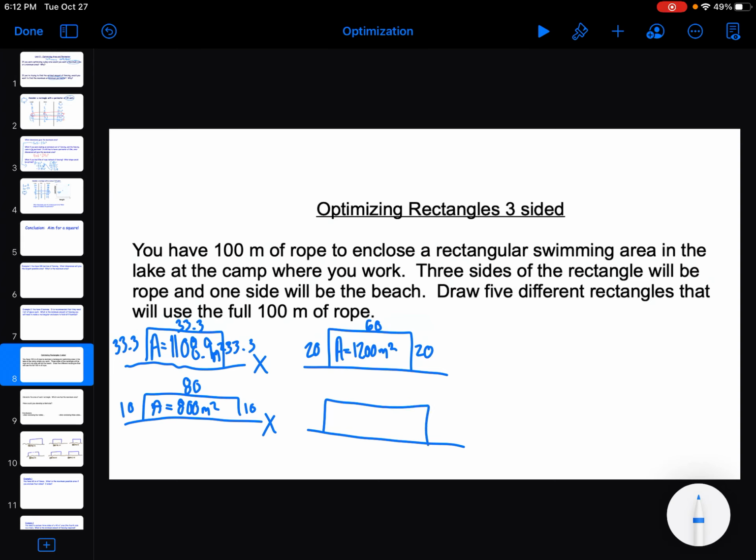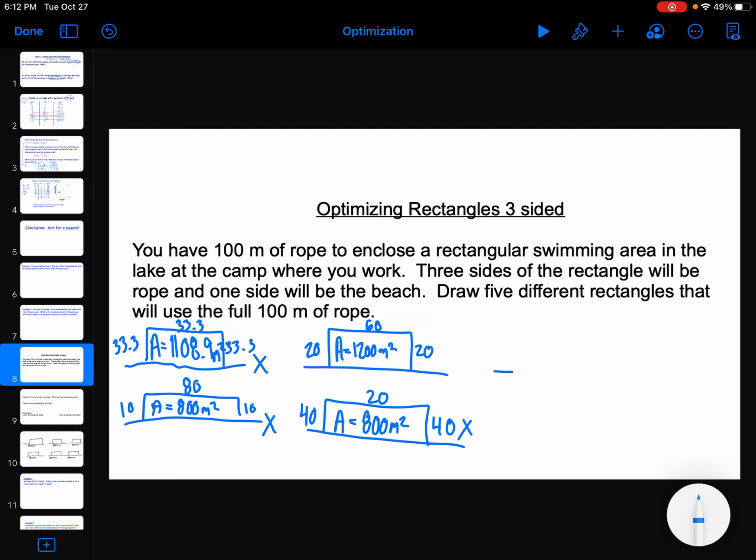Let's try another one. What if we did something like 40 and 20? That's again going to give us an area of 800. So that one's no good. So far it's the 20, 60.